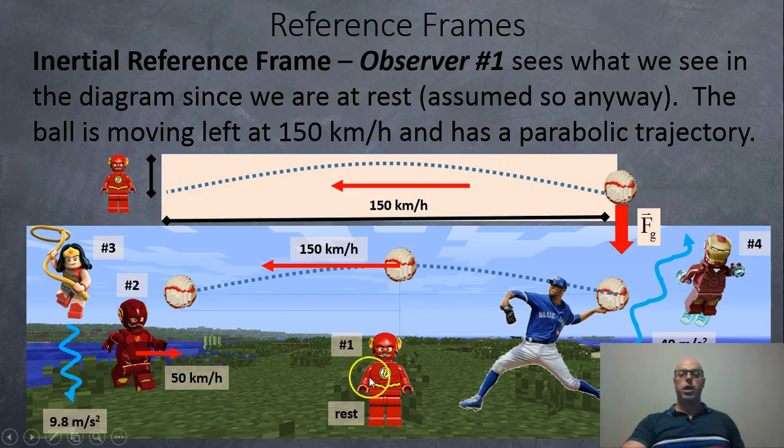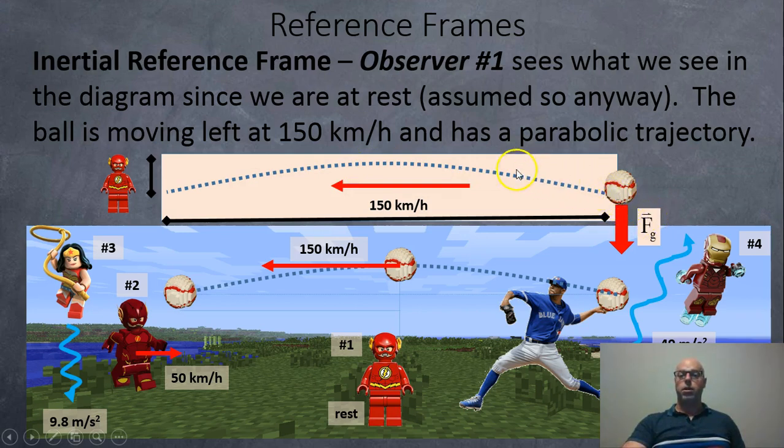Okay, so the Flash who's at rest would say this baseball is making a parabola, a quadratic function. It's moving forward at 150 kilometers per hour. And it traveled up a certain height and then came back down. It's a nice symmetrical quadratic function, or parabola. And the only force acting on the ball is the force of gravity.